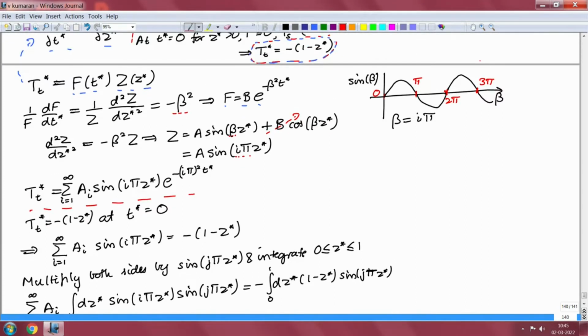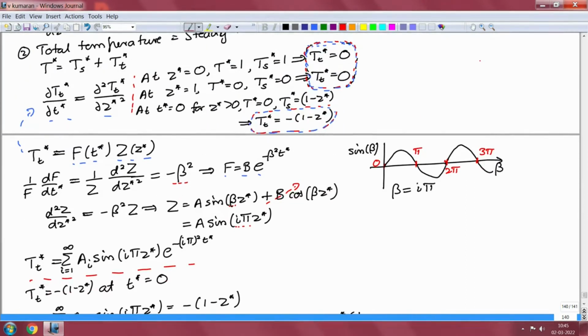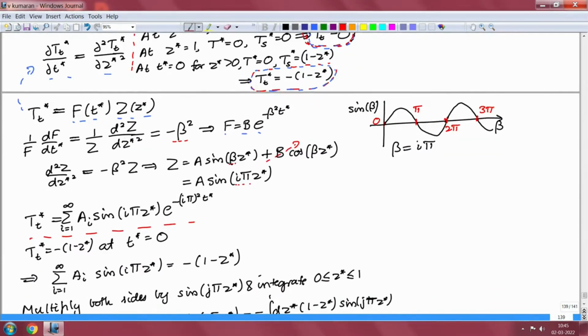Note that we got these discrete values only because the transient part of the temperature was equal to 0 on both surfaces. Had the transient part not been 0 at the top surface, we could not have got these discrete values for beta.